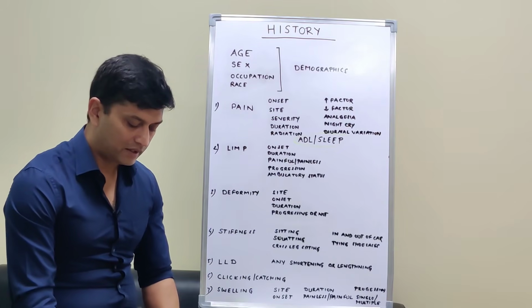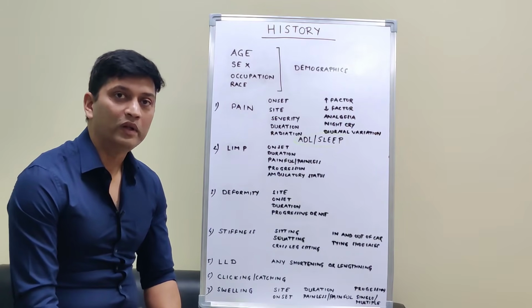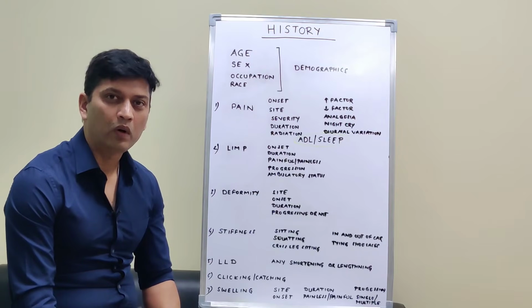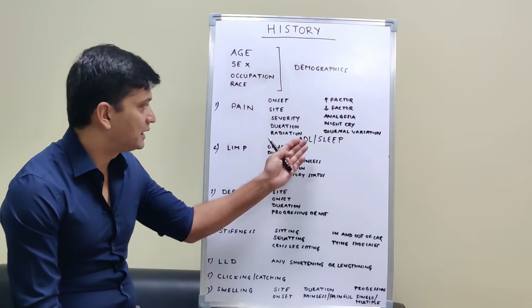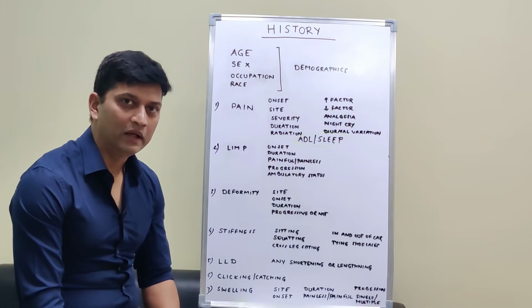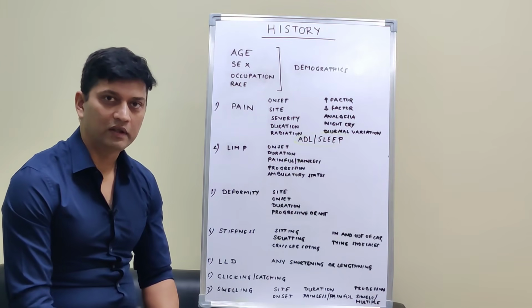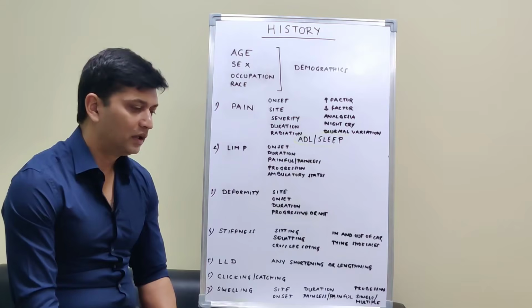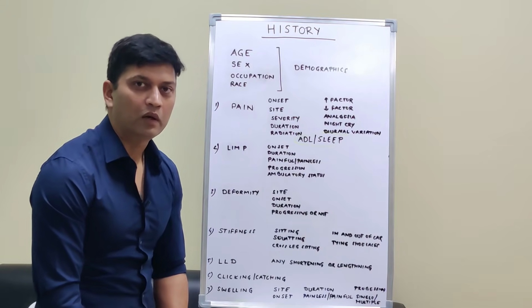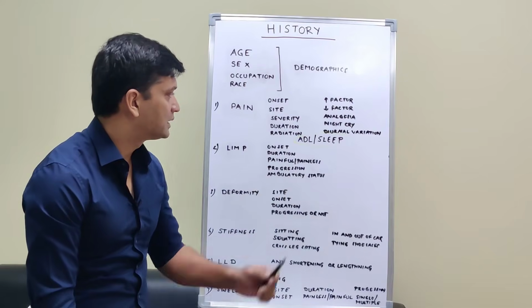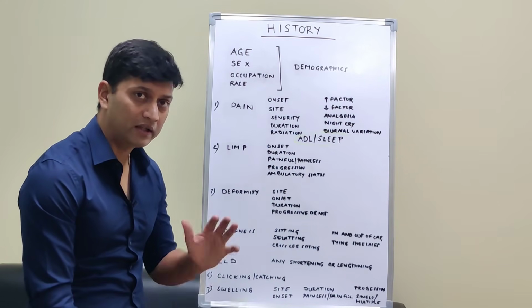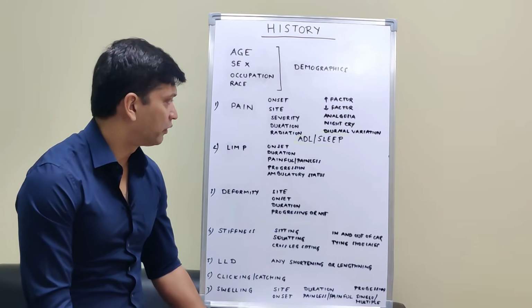If somebody says I am struggling with my day-to-day activity, I'm not able to walk, it is affecting my work, I'm not able to play my sport, and despite taking all painkillers there is sleep disturbance, I'm not able to sleep, that tells me the disease is more severe, and that guides me that the chances that the patient will require an operative intervention are much higher. So activity of daily living and sleep disturbance, if they are disturbed, have a lot of bearing.